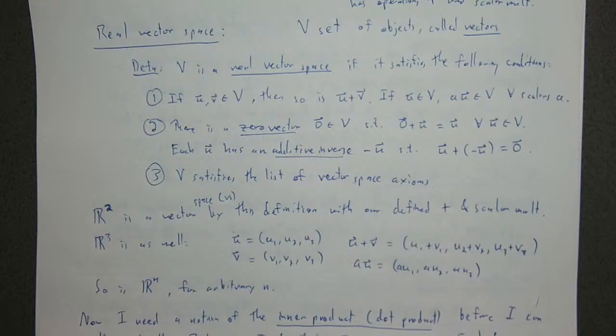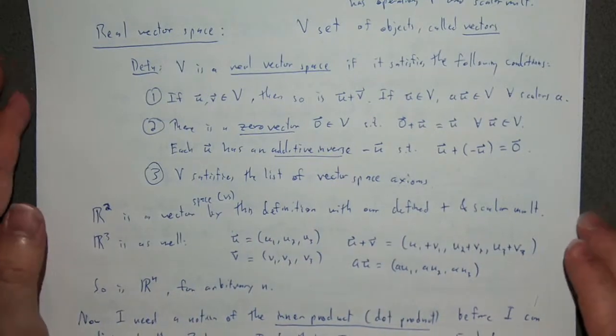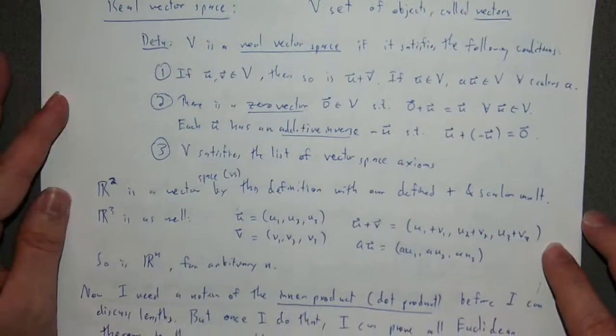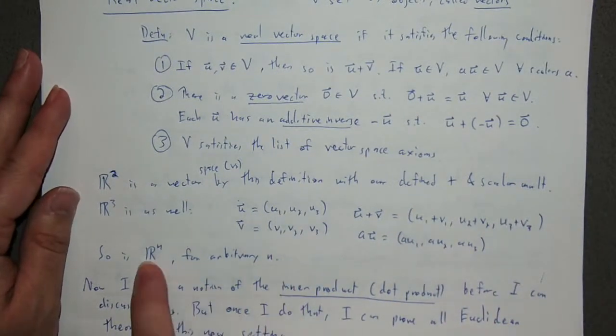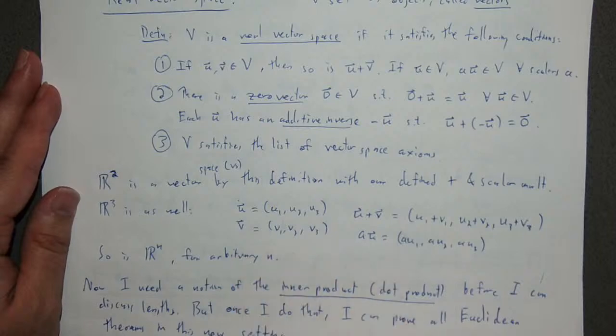And so any sort of analysis that we were going to do in R2, we can do a similar sort of study of R3. And in fact, we can keep going here, right? So you're familiar with how this works. If I wanted to do R4, that's ordered quadruples, right? Ordered 4-tuples. Then I could define them similarly.